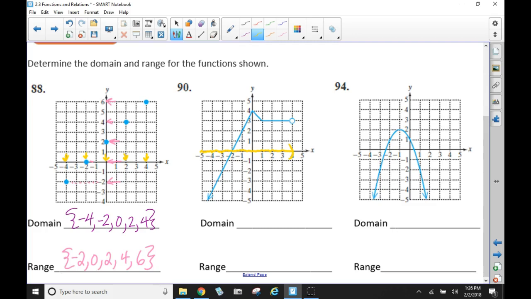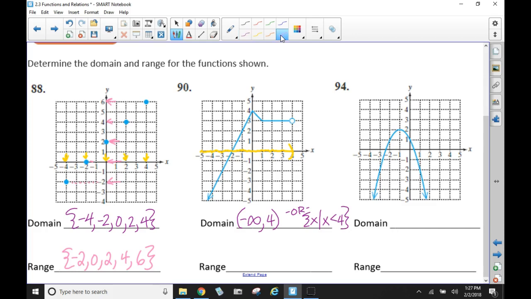And so how we would write the domain would be all values of x from -infinity up to 4, with a parenthesis by 4, not including the 4. Another way that you could write this is you could say the domain consists of all values of x such that x values are less than 4. That's a way to write your domain in set builder notation.